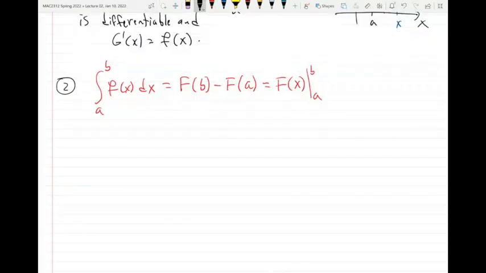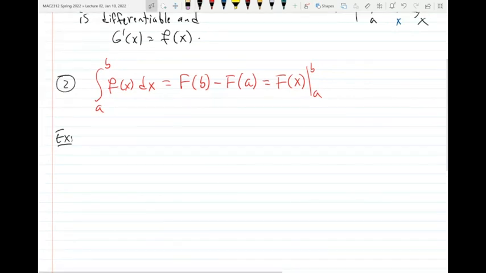So let's do examples. For example, let's verify. Let's take an easy function. Let's find the definite integral, and then let's calculate the area under the graph of this function, and then let's make sure that we get the same number, right? So, let's see. Number one, evaluate the integral.